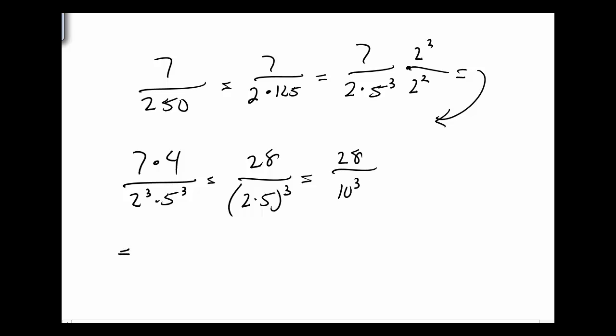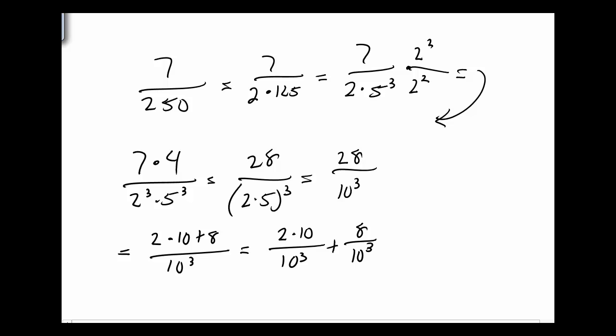Okay, so let's do our expanded form here. Actually, before I do that, let's think about how many factors of 10 I can pull out. So 28 is really 2 times 10 plus 8 over 10 cubed, right? So I can split that up into 2 times 10 over 10 cubed plus 8 divided by 10 cubed.